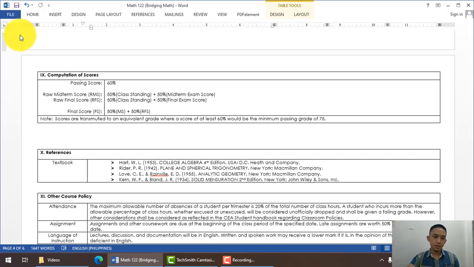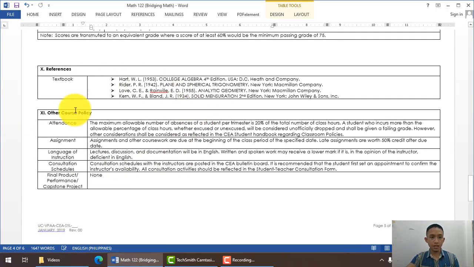Okay, so these are the other policies. Attendance. Since this is online, I'm not that strict about your attending. If this were face to face, before, if you incurred 20% absences of the total number of meetings, then you would be considered dropped.